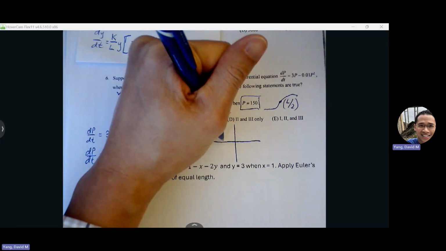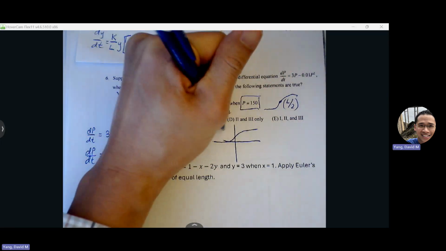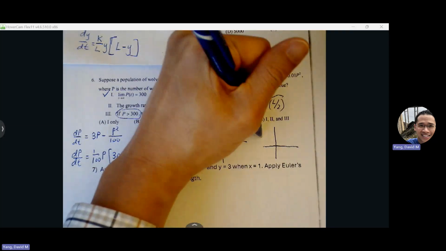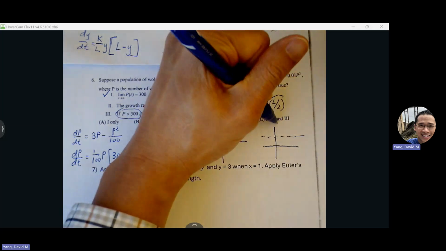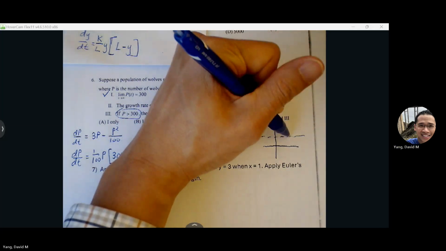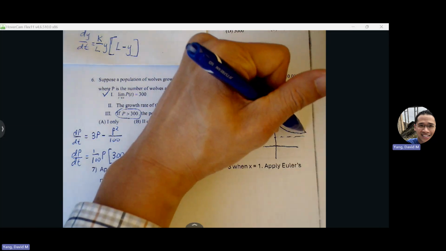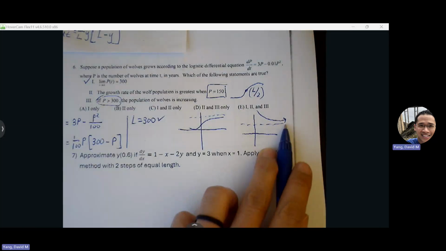So our logistic differential equation can look like this, where it's hitting a ceiling because it's growing, or it could be like this, where it starts off greater than what the environment can support, and so it'll still flatten out towards that value.